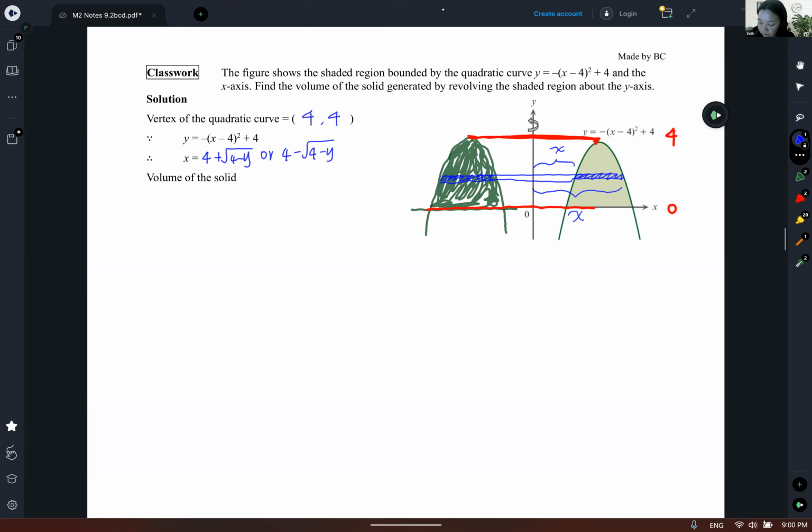Now, obviously, you have a 4 plus and a 4 minus. And then we also know that this line is x equal 4. So the left one, obviously, should be the smaller one. That is 4 minus. And this one must be the bigger one, that's 4 plus. That's how you distinguish.